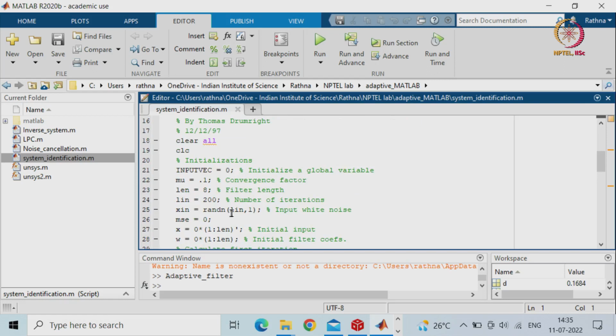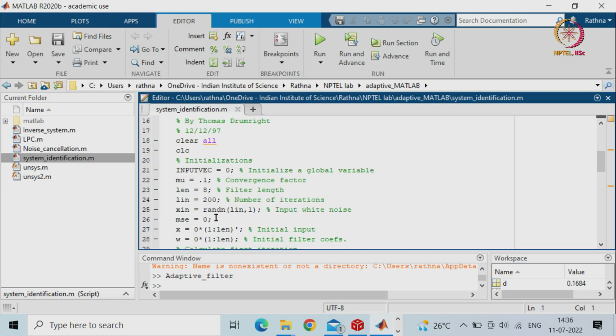What the program does is it initializes the input vector to 0, and then mu is set to 0.1, that is the convergence factor, and the length is taken as 8, that is the filter length. The number of iterations selected is 200, and the input is a random number, that is white noise.